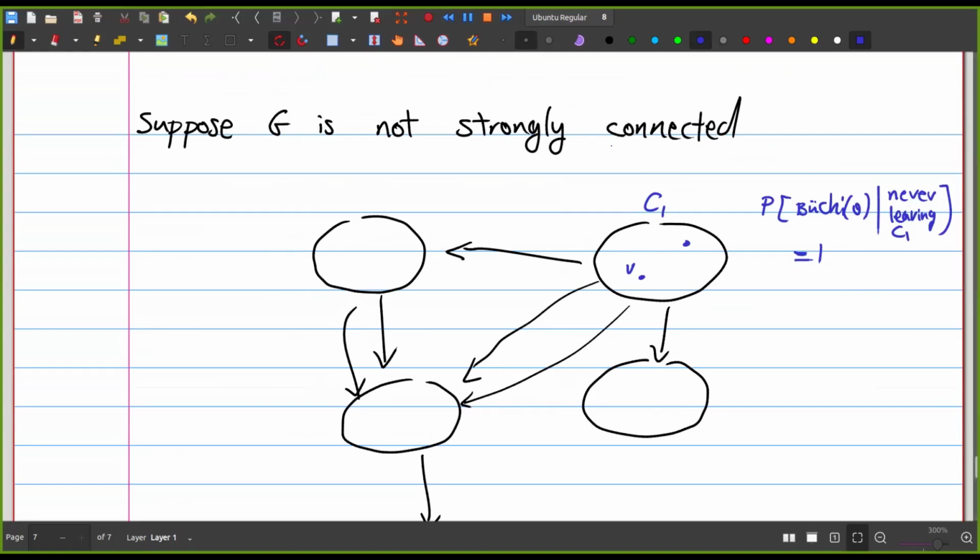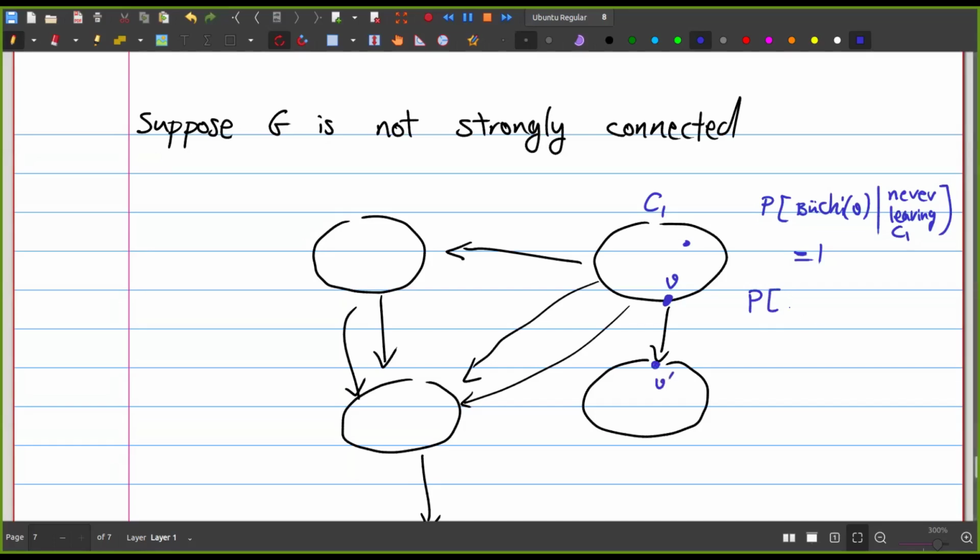Now let's consider one of the border vertices, because this holds for every vertex in C1. So let's just consider a vertex V that is here, that has an edge to another component. So if I never leave C1, I'm going to see V infinitely many times. Let's say its successor here is V prime.